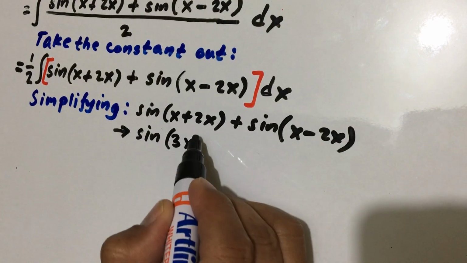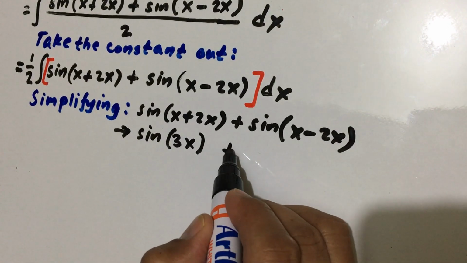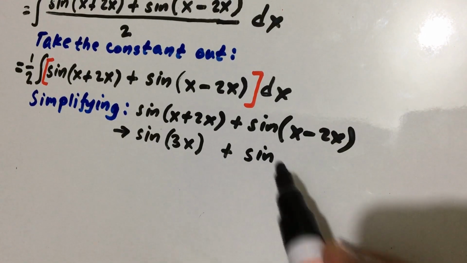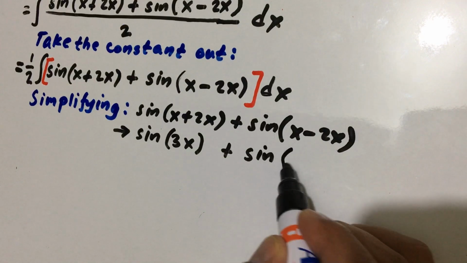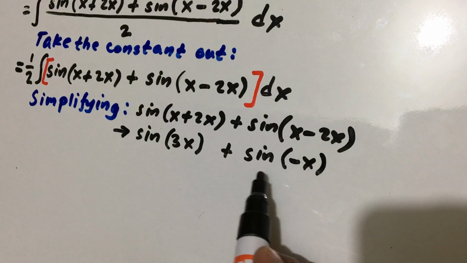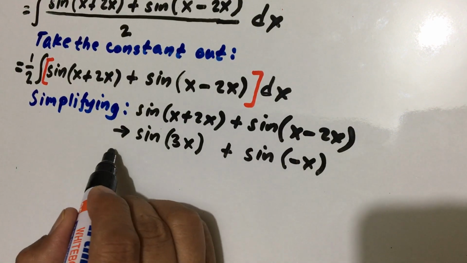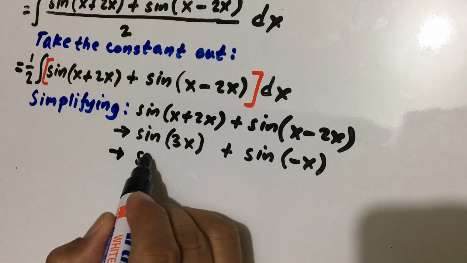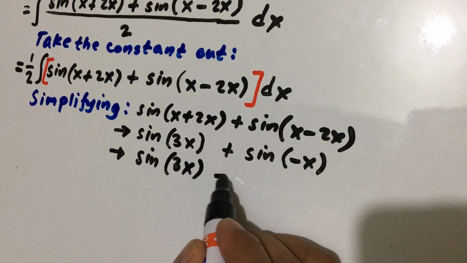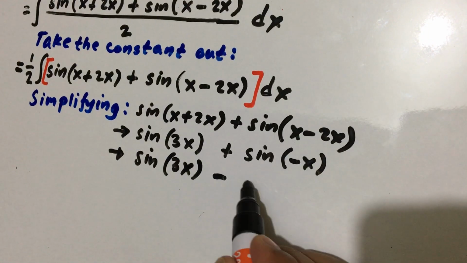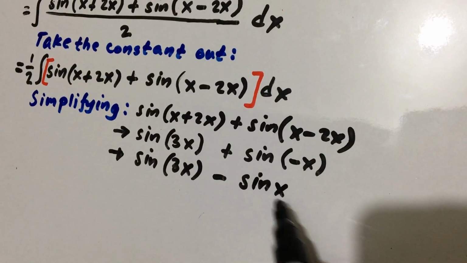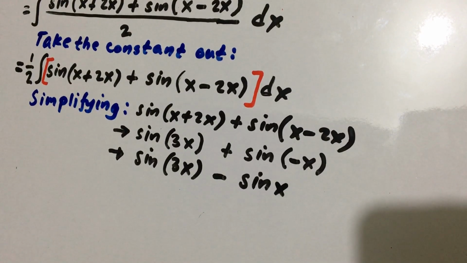You put this inside the parenthesis, then plus sine of negative x. There is an identity that this can also be written as sine 3x, then minus sine x, you just put the negative there.